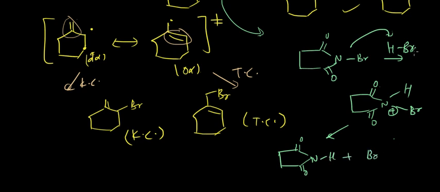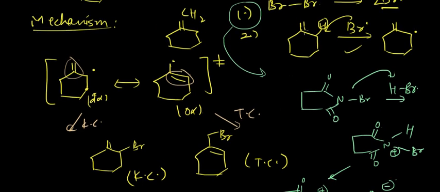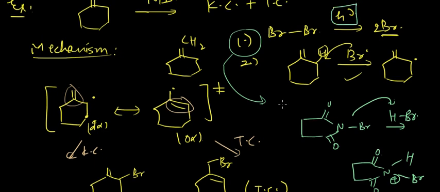Or rather, the Br minus from the HBr actually attacks on this Br, and this bond is taken back by the N plus, and as a result we get something like NH and Br2, and then this Br2 is passed on in H nu, sunlight.